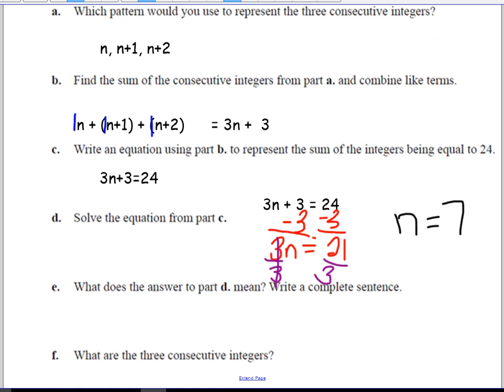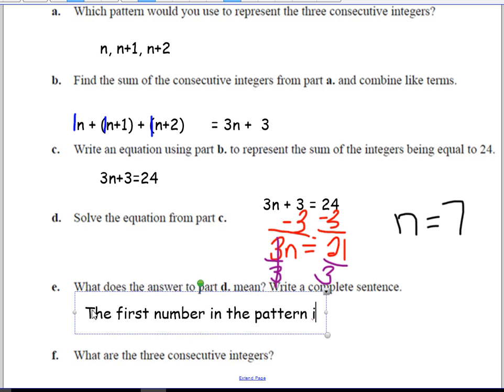But the questions are reminding us that we're not done. So n equals 7 just tells us what the first number is. So the first number, or you could say integer, in the pattern is 7.